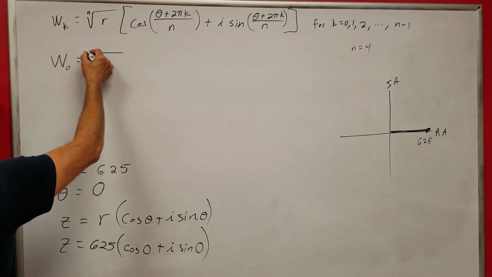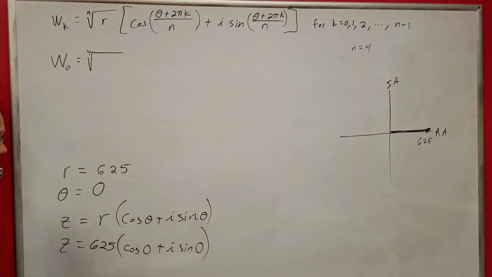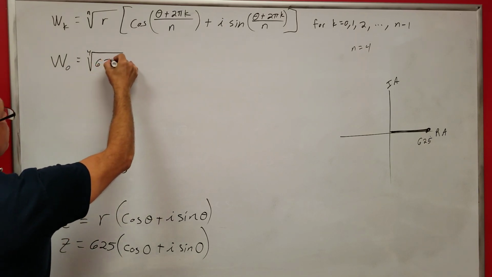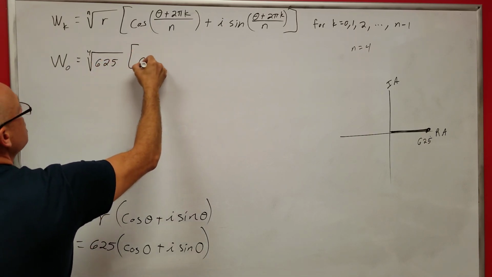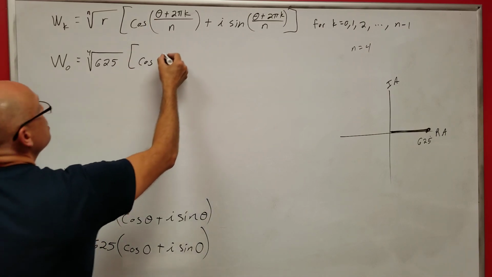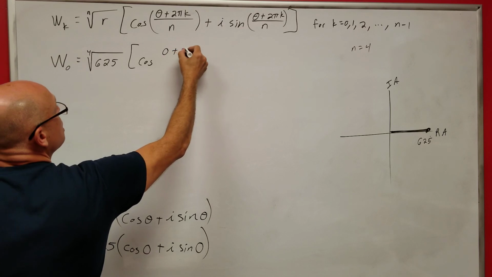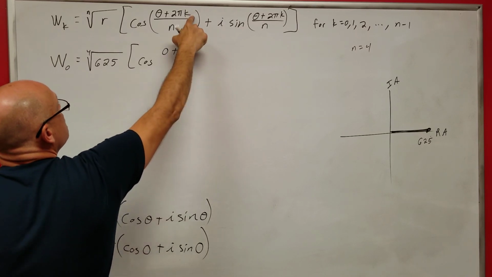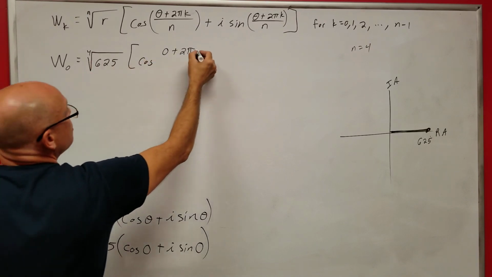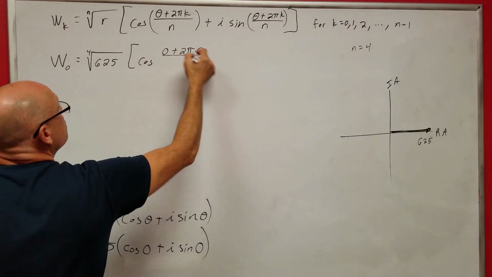So I'm going to say the fourth root of r. What was r? 625, times the cosine of theta. What was theta in this case? 0 plus 2 pi times k. What did I say my k value was? 0, over n.